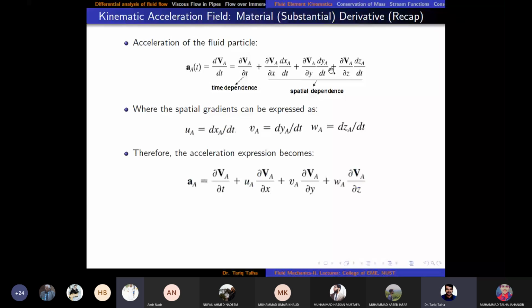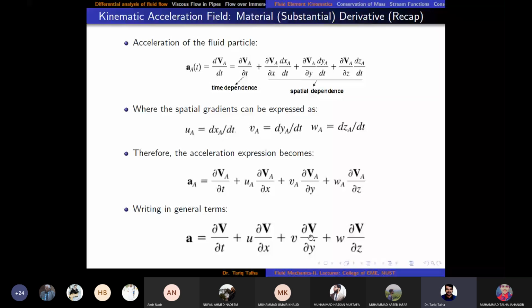So if we write the acceleration, the first term is the unsteadiness, the time rate of change at one point, and these other three terms are the spatial variation of velocity. They are due to variation in space for a particular fluid particle A.